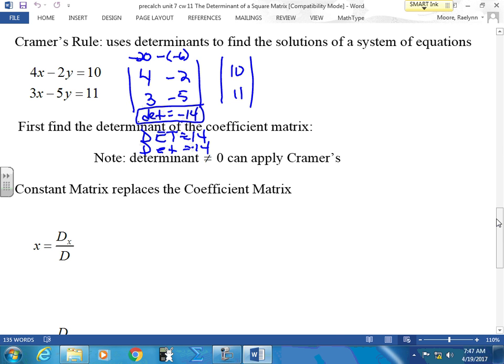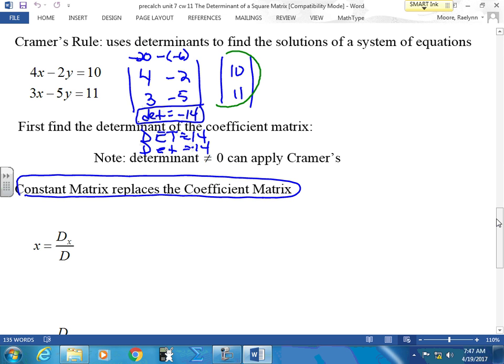Okay. Now, all we're going to do is take your constant matrix and replace the coefficient column for each variable. So if we want to solve for x, we take this and we just put it in the x column. So to solve for x, we're going to replace the first column with that constant.